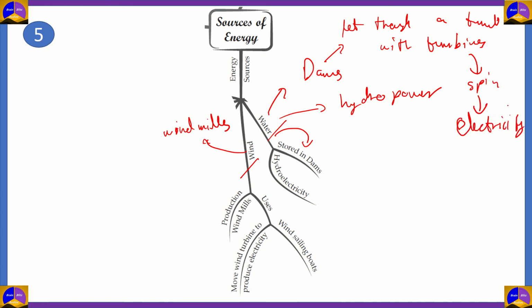And the exact mechanics of turbines spinning to form electricity is found in grade 12, that's electromagnetic induction. So it's basically spinning a magnet, so therefore that produces electricity.